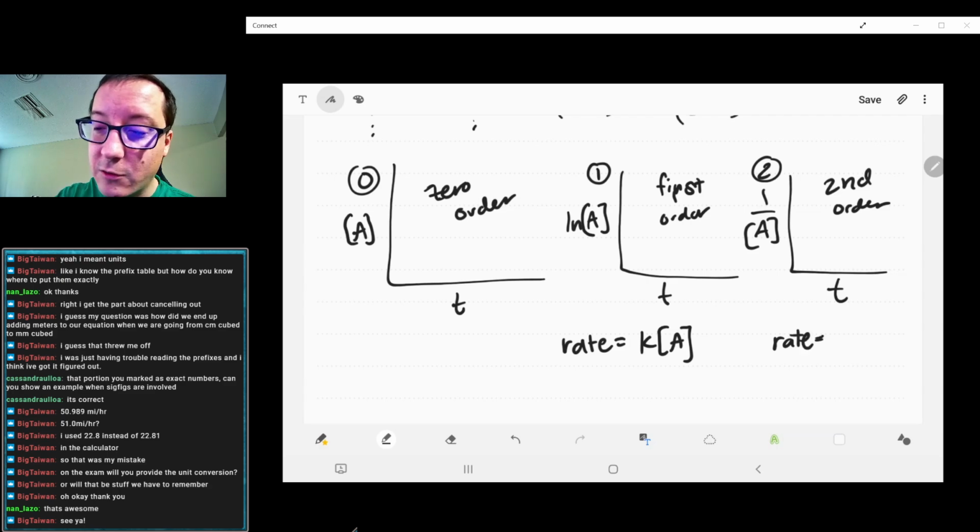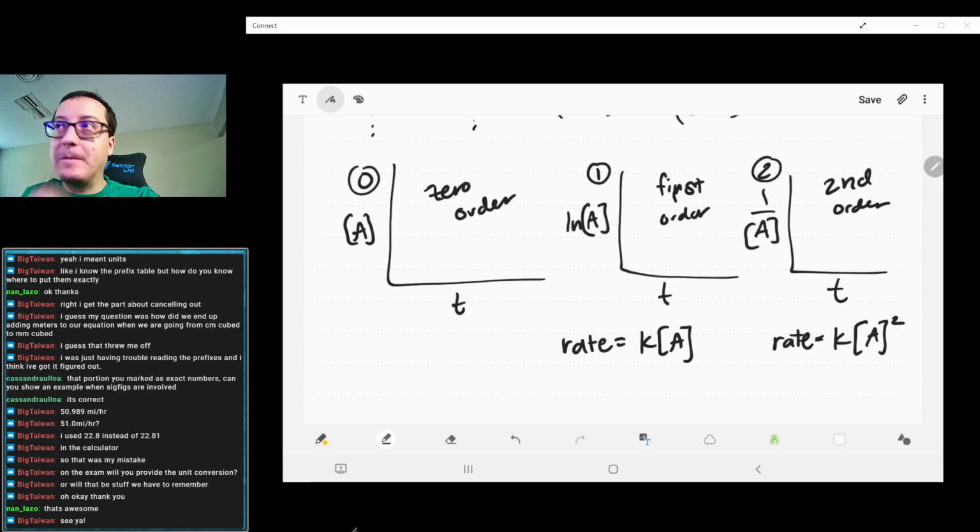If it's a second order reaction, it would be k A squared, right? These are all in respect to one reactant, by the way. So if you have multiple reactants, you would do these graphs for all the different ones that you're changing, and you'd be able to figure out what the reaction order is in respect to each reactant, and then you can do overall.